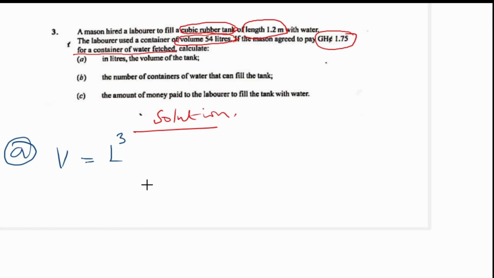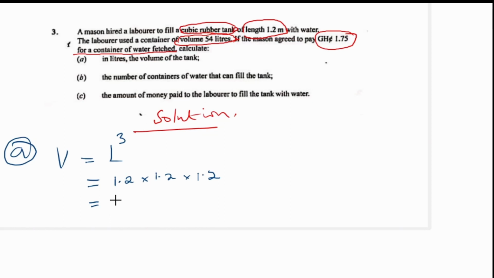So length times width times height becomes length times length times length. From the question, the length of our tank is 1.2, so we are going to have 1.2 times 1.2 times 1.2. If you like, you can also write it as 1.2 cubed.